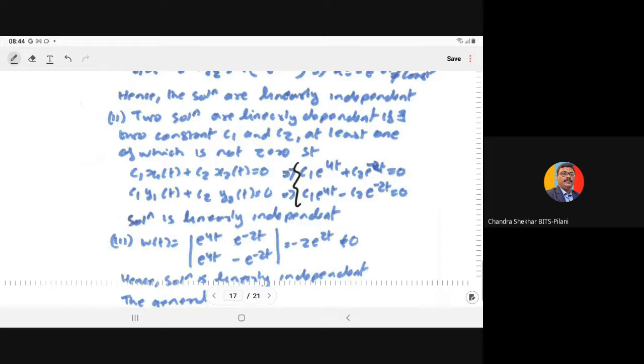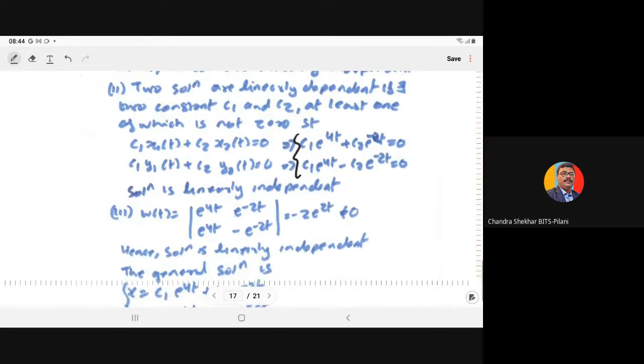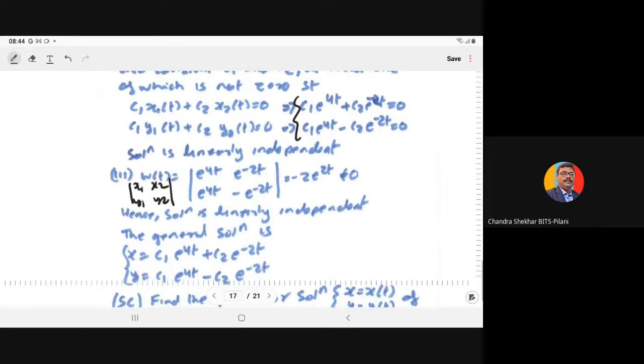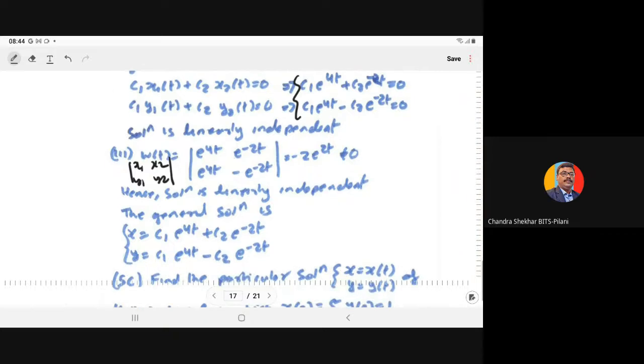Or from the Wronskian: if the Wronskian of x1, x2, y1, y2 comes out non-zero, then you can say they are linearly independent. So if two solutions are linearly independent, their linear combination will be the general solution.